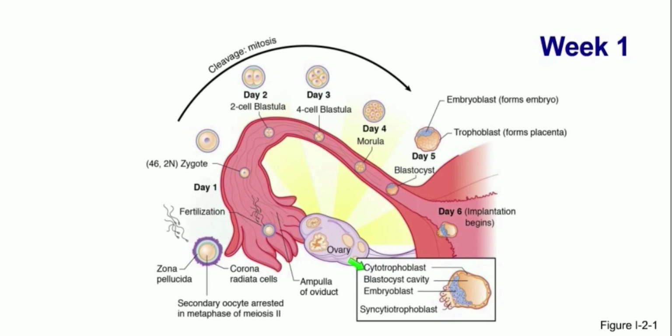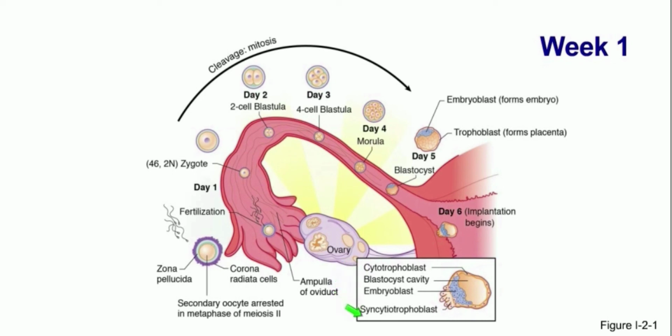The daughter cells of those cell divisions will do one of two things. Either they will be just like the mother cell. They will remain cytotrophoblastic cells, which means they will then go on and divide, because that's what cytotrophoblast cells do. Or the alternative is the daughter cells can fuse with one another, and as a result of that fusion, we now have a multinucleated cell, and we call that syncytiotrophoblast.